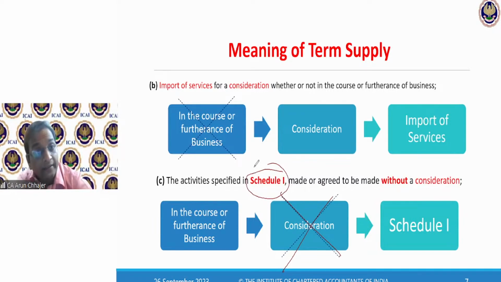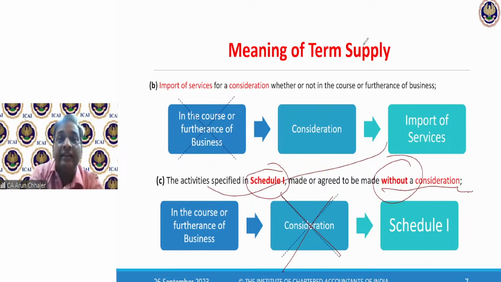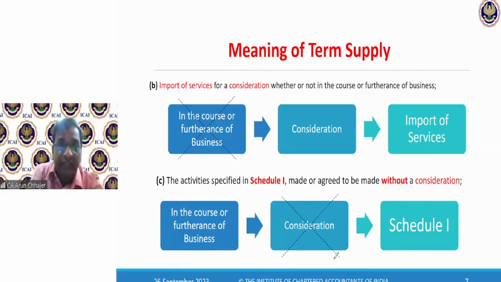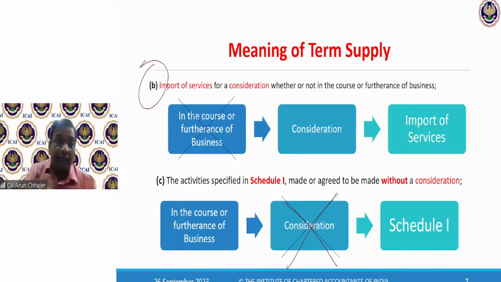If the transaction or activity is specified in Schedule 1, whether or not it is with consideration or without consideration, it is irrelevant. It will always be supply. A transaction specified in Schedule 1 is the exception of consideration. Clause B is the exception of business nature.